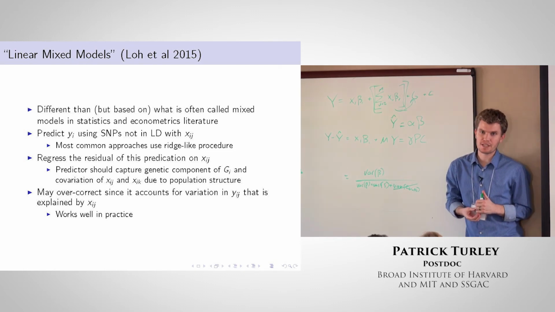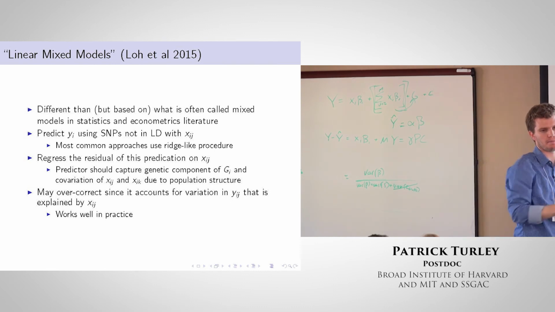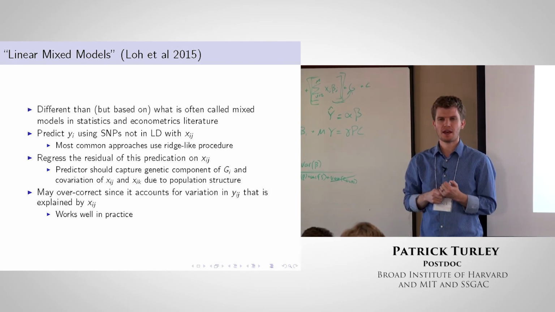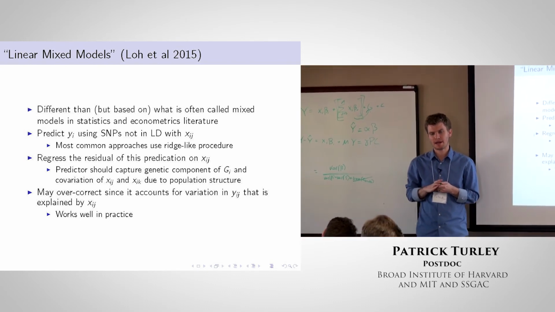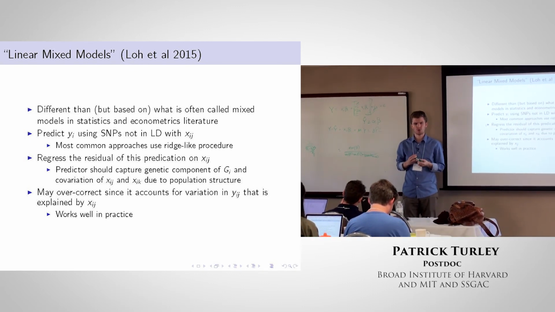But if we think that the reason that we're correlated with these fixed effects is because of random drift, then every SNP contains a little bit of information about ancestry. And so we should be capturing the same kind of variation no matter which chromosome we hold out.